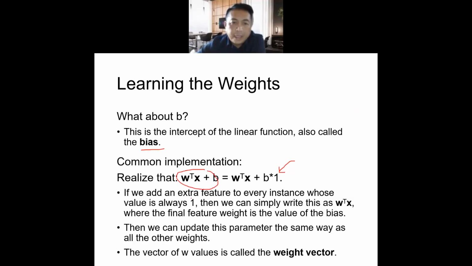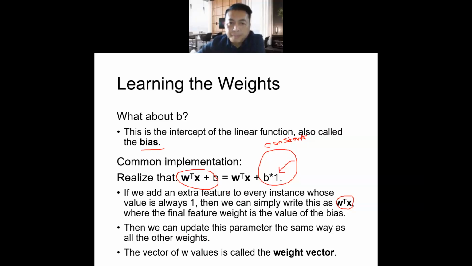If you add an extra feature to every instance whose value is always 1, then we can simply write this as this one, which is considered a constant. Then we can update this parameter the same way as the other weights.